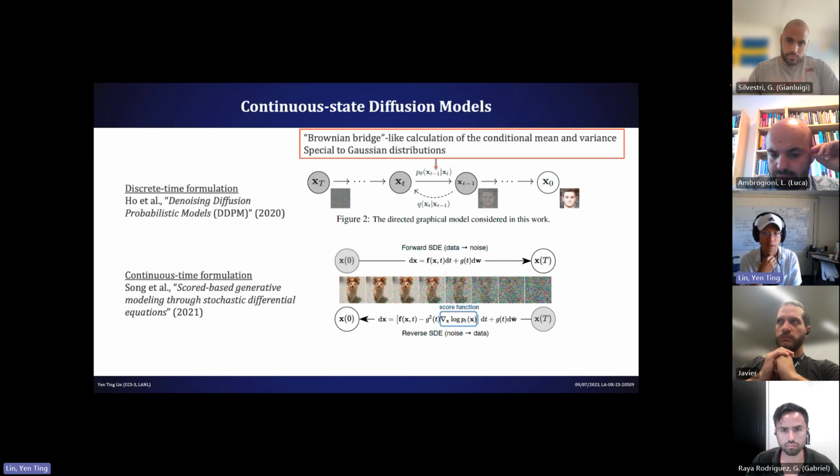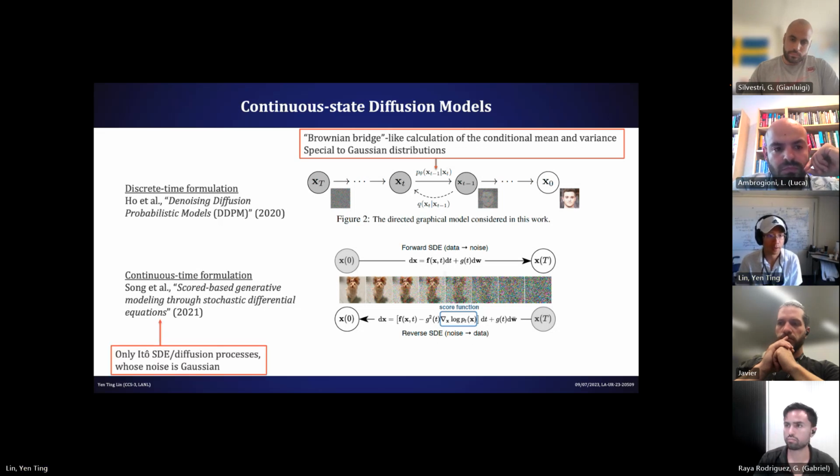The whole idea is a Brownian bridge-like calculation, where you try to compute the conditional mean and variance given the later time and the initial, computing one step ahead, one step before, in the forward to the left, backward to the right sense. That is your learning target. Now, if you go through the derivation, it's quite special to Gaussian diffusion distributions. Without a Gaussian distribution, we can't do that.